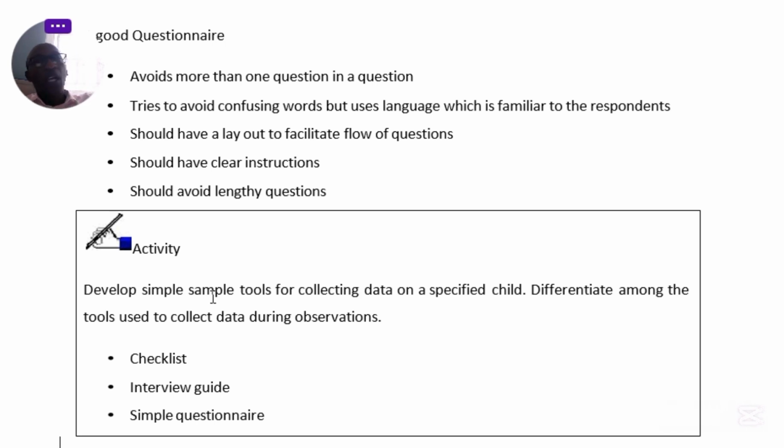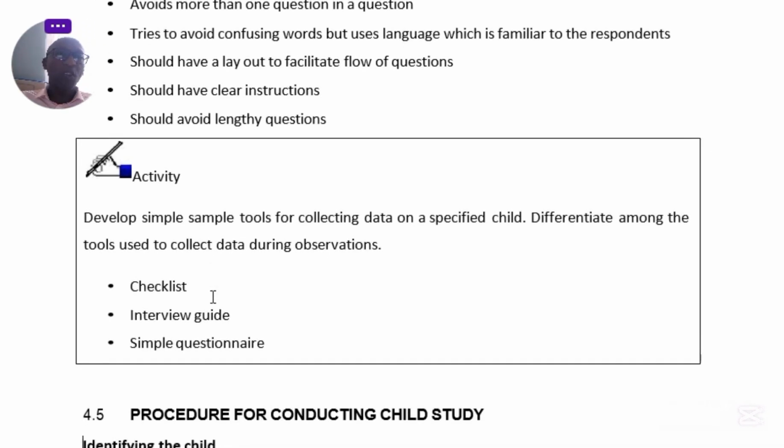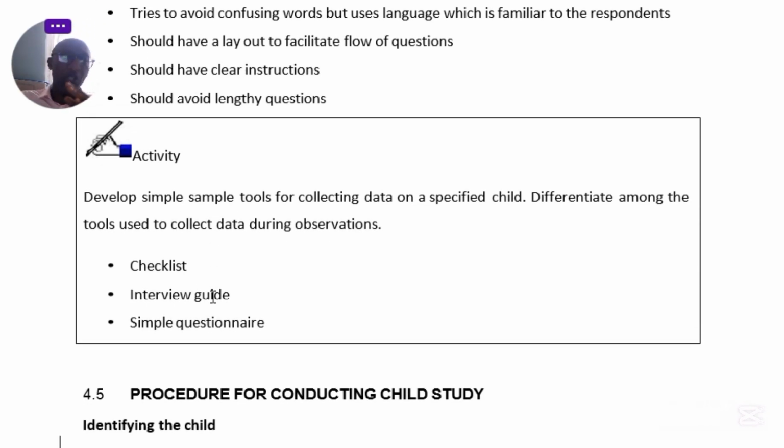Three, you should have clear instructions to the one who is going to use it. Four, avoid lengthy questions. So the moment we have those aspects sorted out, then we have a good questionnaire.